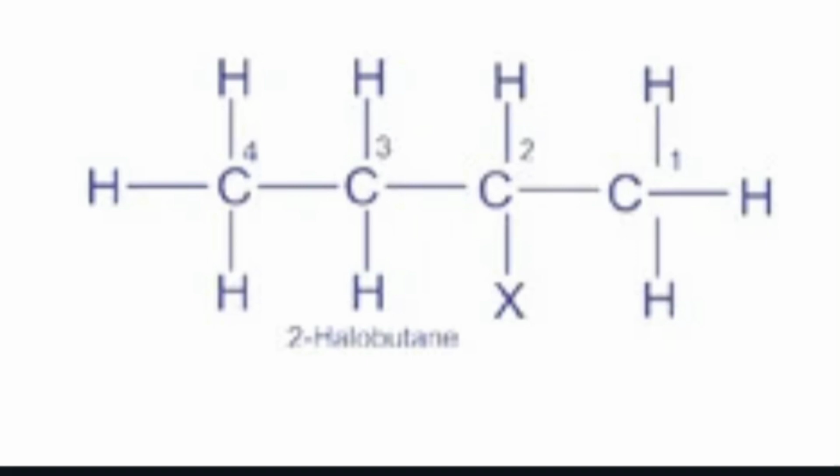So from the right side, the halo group gets the lowest number. So we will select this chain from the right side. So it becomes 2-halobutane, because it has 4 carbon atoms, and a 4 carbon atom alkane is called butane.